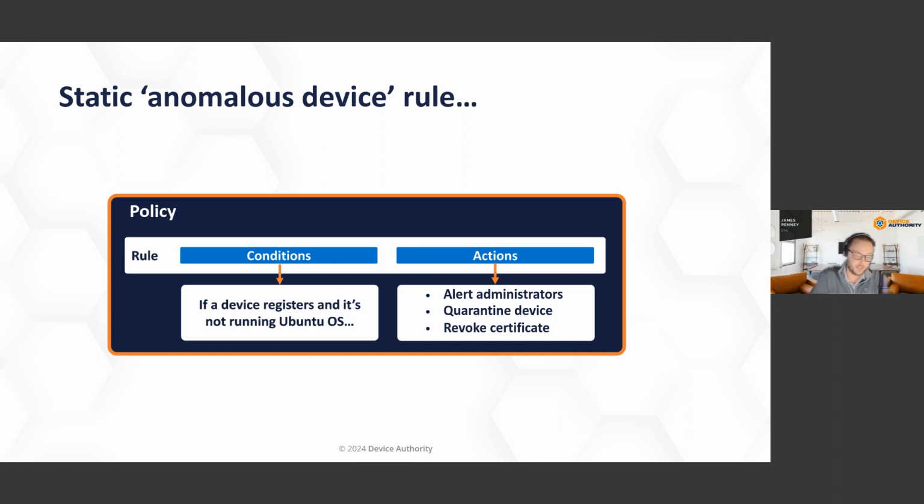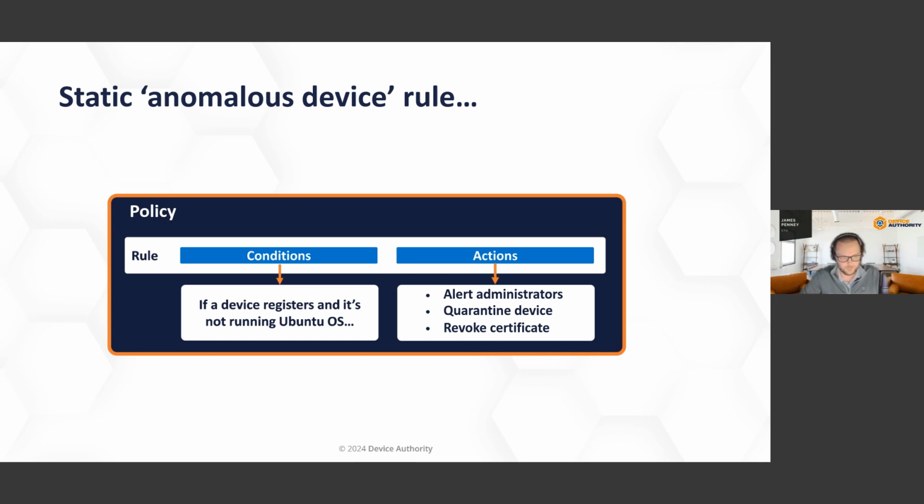Immediately taking a device out of action the moment you suspect something might be wrong is not always the right response. Sometimes you just want to alert, and that's really up to you. But in this example, if a device registers, it's not running Ubuntu, alert the administrators, quarantine the device, revoke the certificate. Get it out of action. It's not supposed to be there, which is great and works fine until you realize that there's probably a lot of hacker devices that are also running Ubuntu.